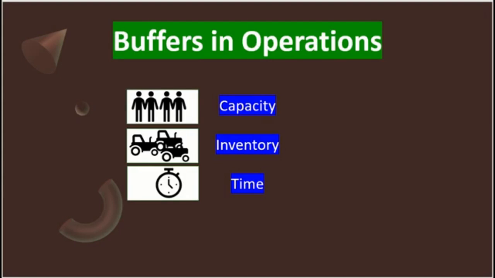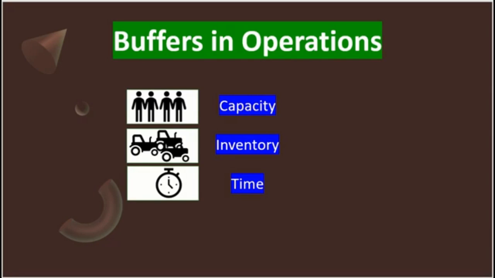So how do we cater to this kind of demand? The best practice many companies follow is cross-skilling of resources, so that you can utilize the resources based on the demand in each process or activity. So this is all about capacity as a buffer.